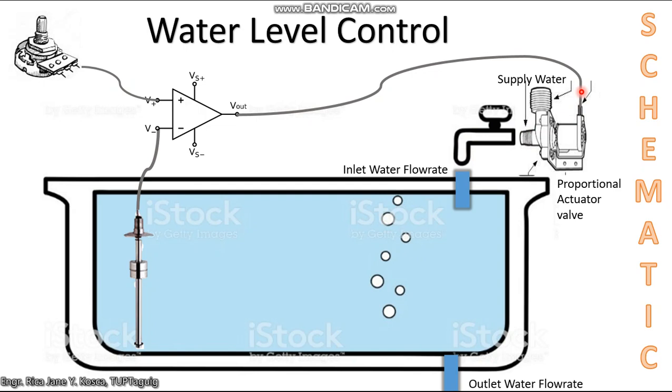Pag sinabi nating 2 volts na yung difference na being driven to this valve, so the valve will open for sabihin natin 80% open. So dahil malaki ang opening ng valve, so mas malaki ang inlet water flow rate.